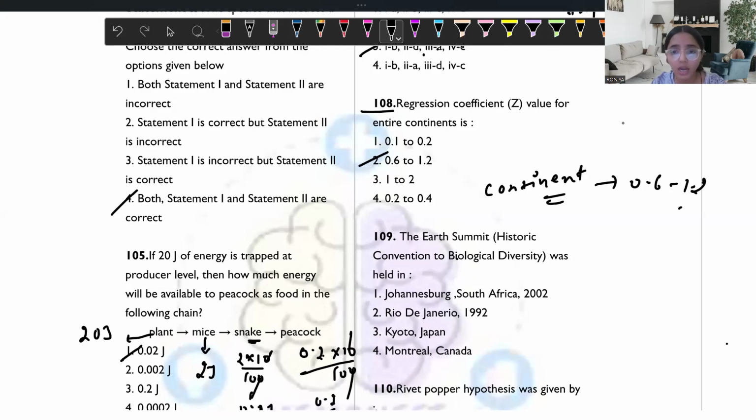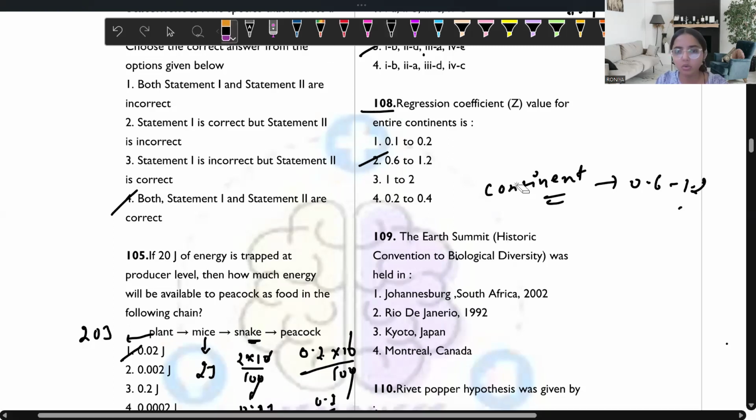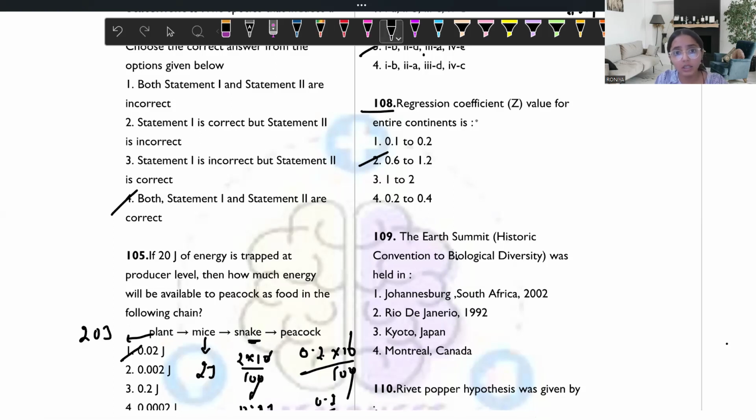Now I know that all of you will ask me what is regression coefficient, madam, please explain. So let me explain it to you in very simple terms. Let us take an ecosystem.